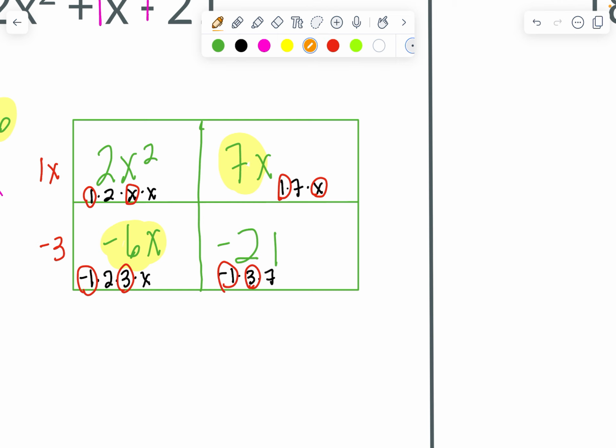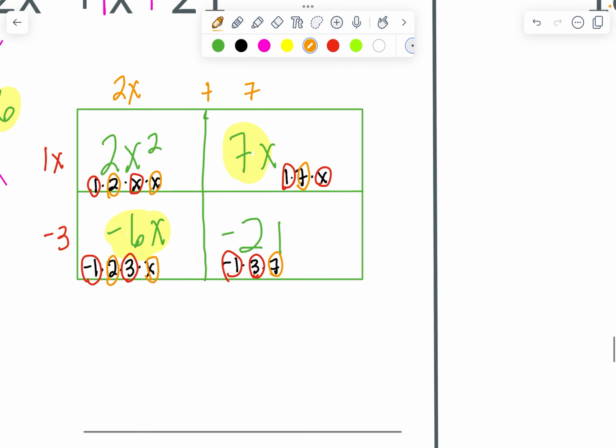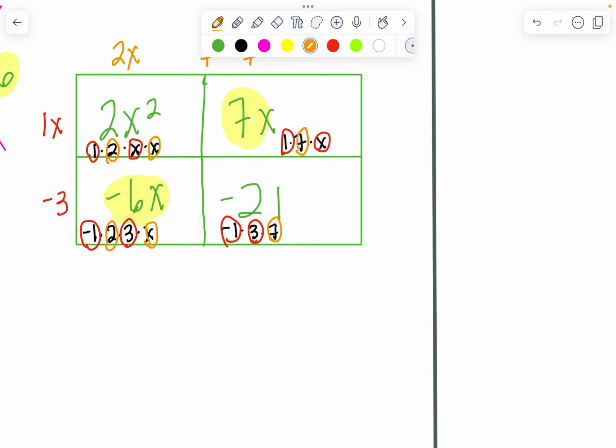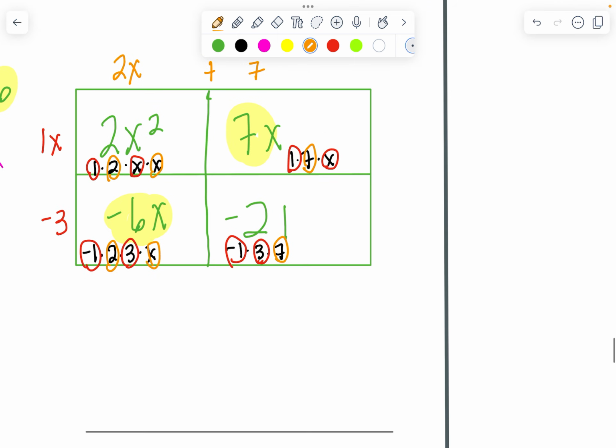Looking at my first column, it looks like I have 2 and x. So 2x. In my second column, I just have a positive 7. So my final answer then, x minus 3, or 1x minus 3, and 2x plus 7.